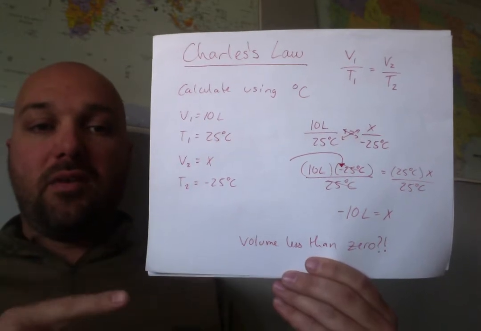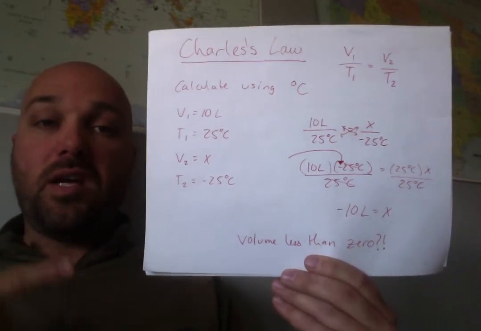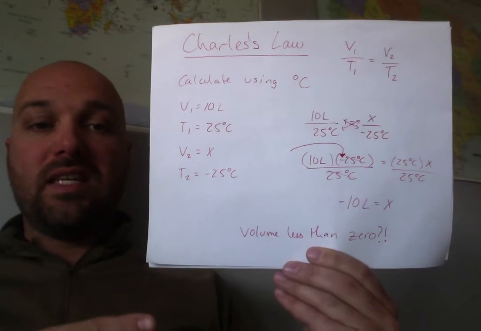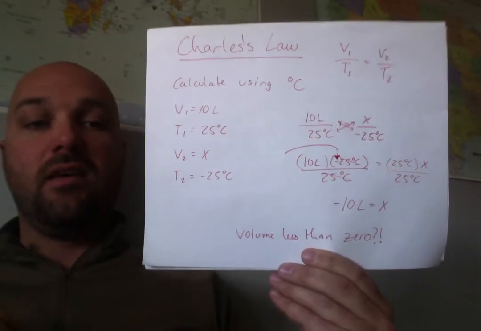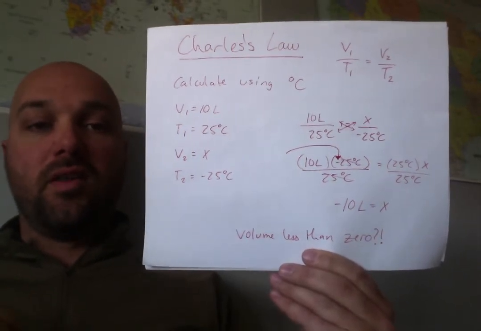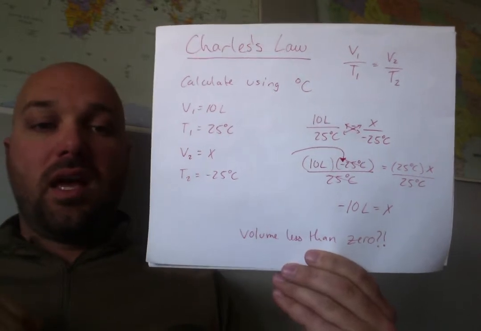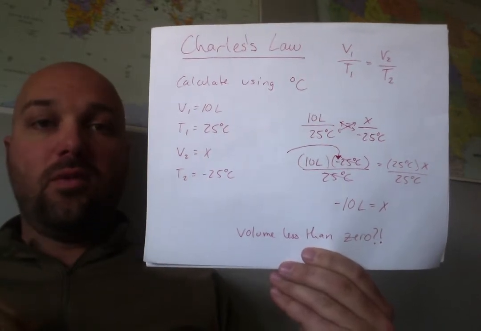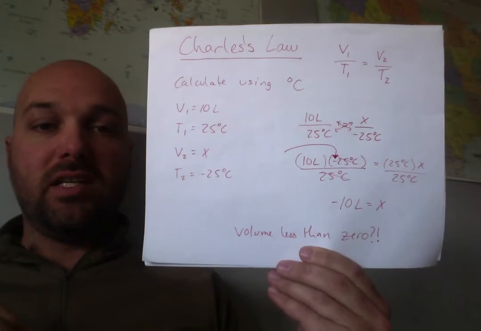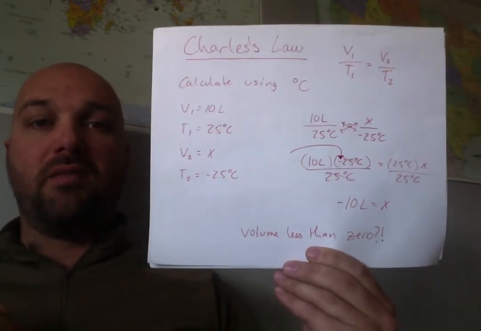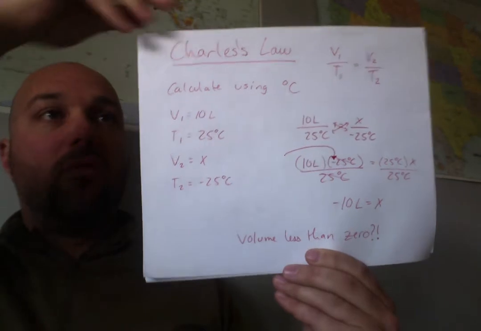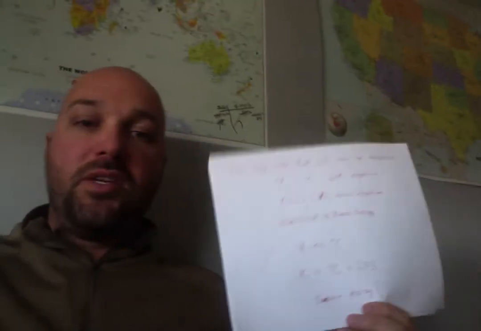And if we do the calculations with Charles's law equation that we have, you're going to see that we come out to negative 10 liters for the second volume. And I don't know about you, but I'm pretty sure that we cannot have a negative volume. So, what does that mean that we do instead?